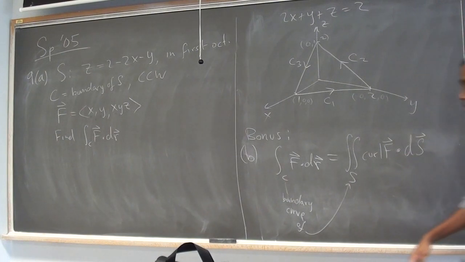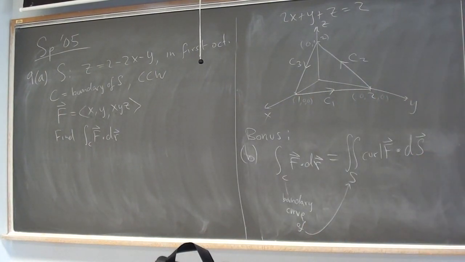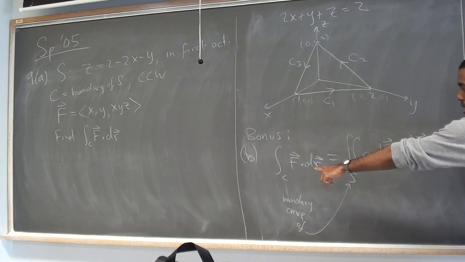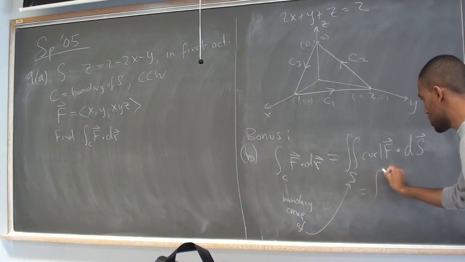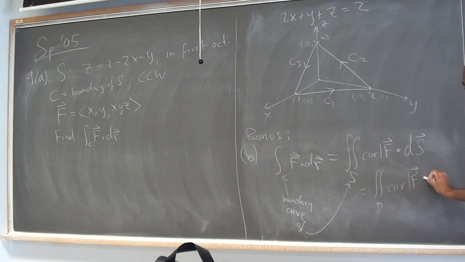So in Stokes' theorem, that would be the equation that you'd write down and you just apply it here. So instead of doing it this way, where we have to do 3 separate lines and add them together, we're going to do this single double integral. That's going to be the double integral over D of curl F dot n dA.